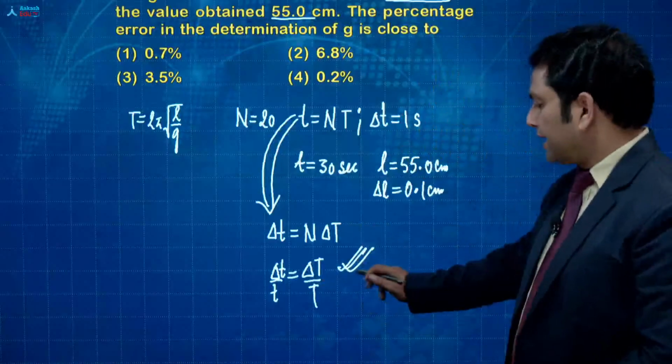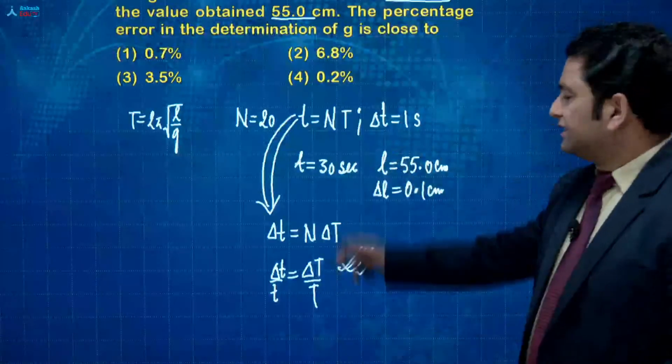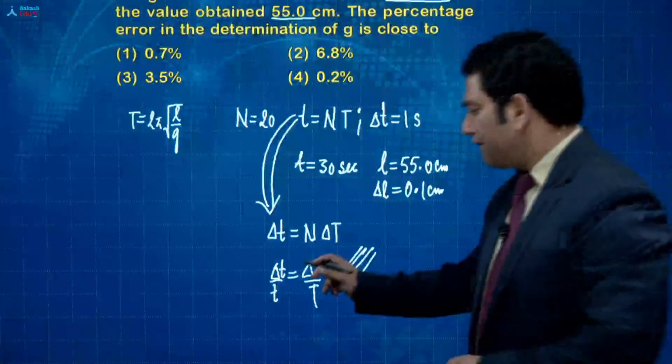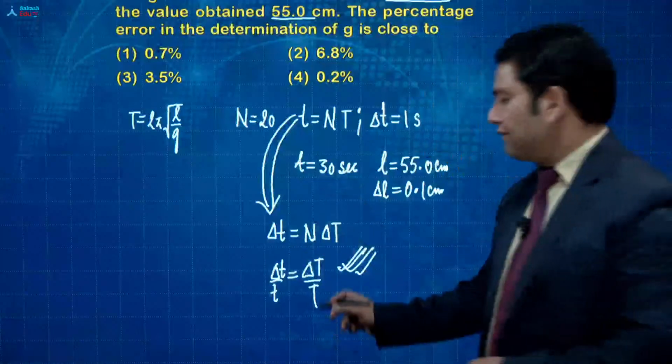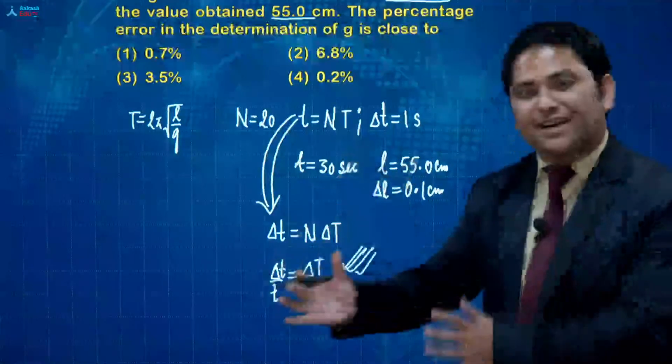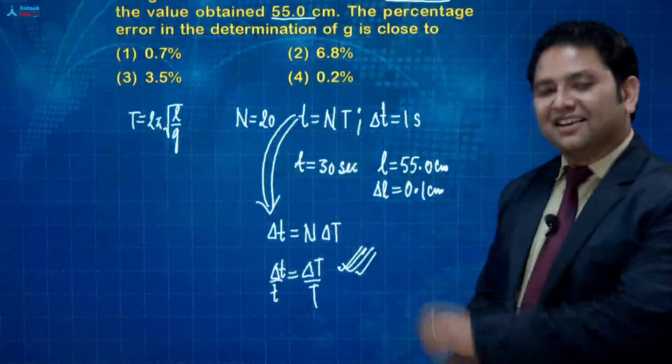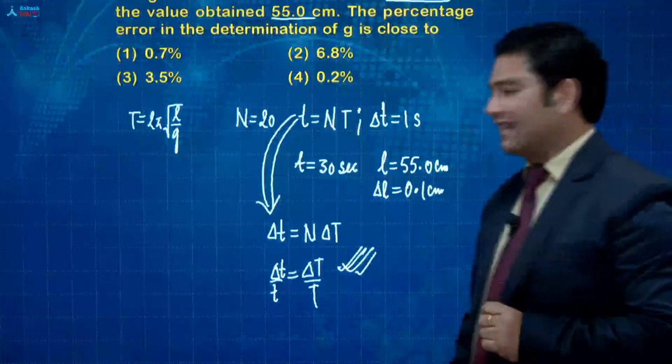You want one more tick? लो जी. यानी time अलग है, time period अलग है, परंतु the fractional error in the time and the fractional error in the time period, they are same. You got to understand that.